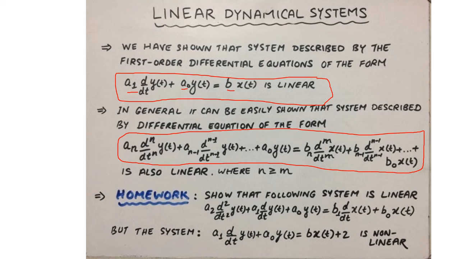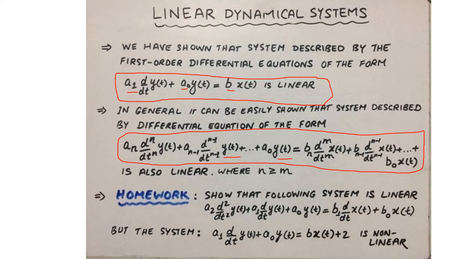In this case, the order of the differential equation is determined by the coefficients appearing on the left hand side with the output variable y of t. So the coefficients a0, a1, a(n minus 1), an.